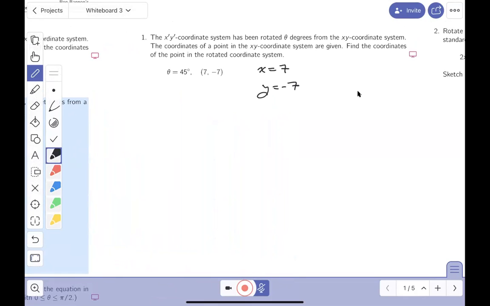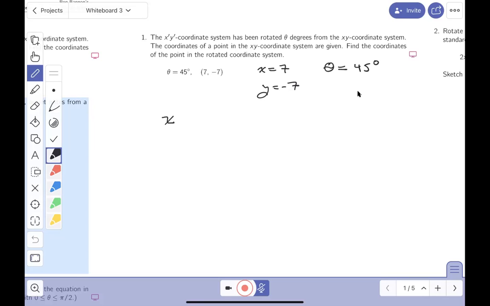And what did they say? They said that they rotated it through an angle theta, and theta is equal to 45 degrees. What you're expected to do is figure out the x prime, y prime now. There's many ways to do it, but I want to concentrate on the formula.